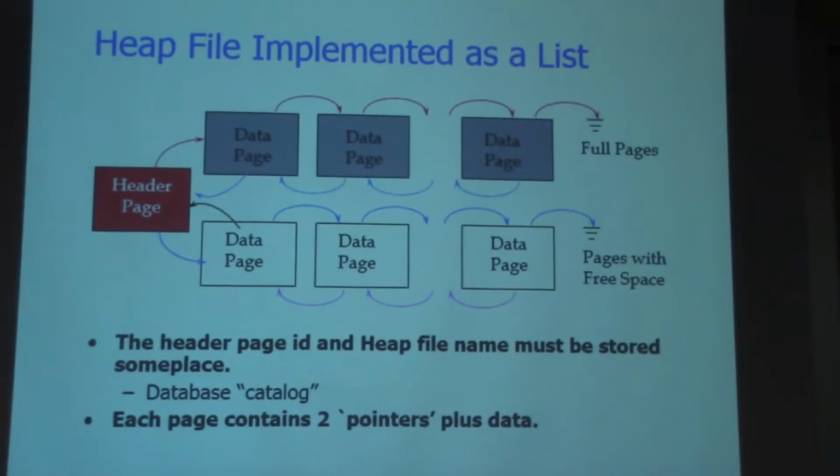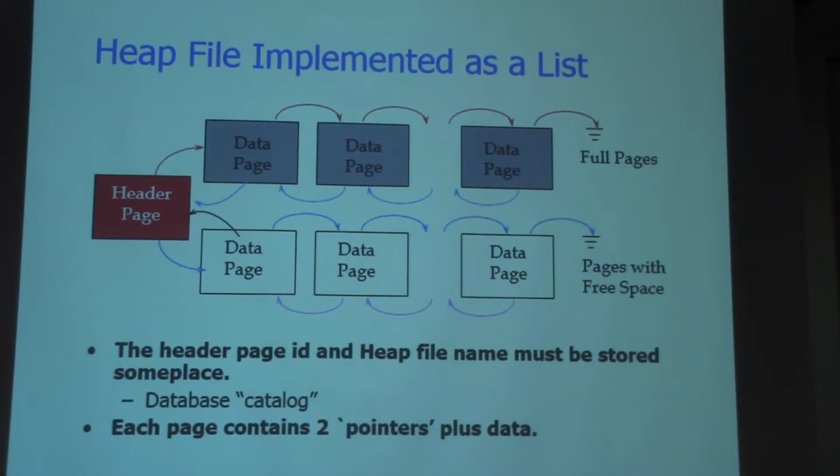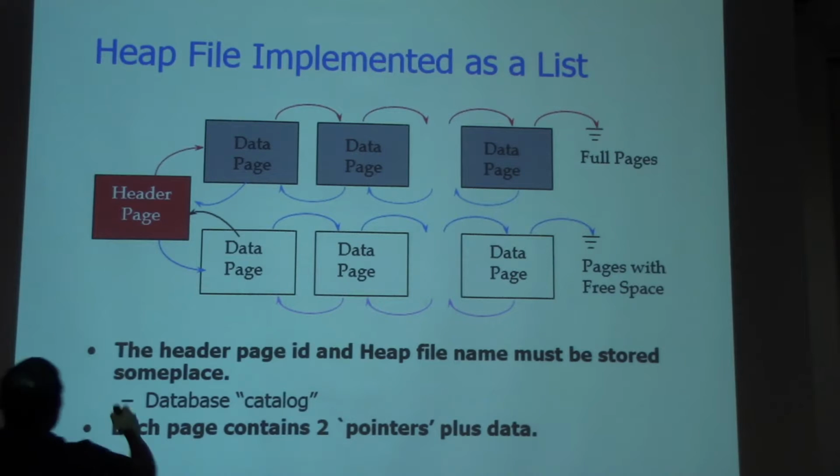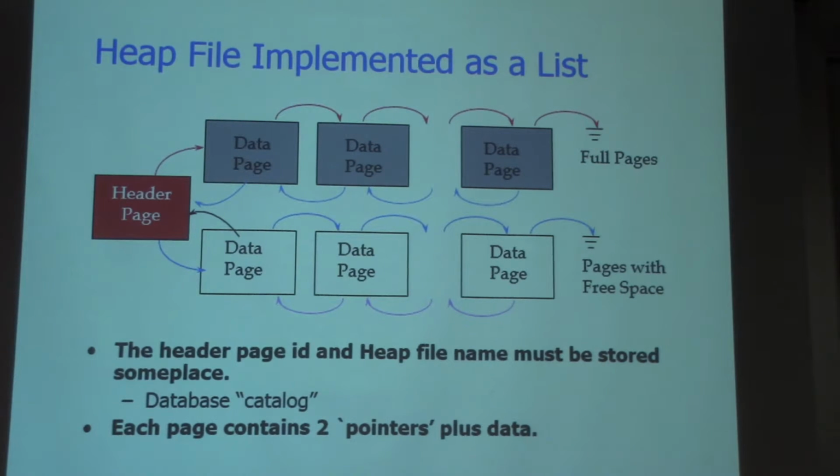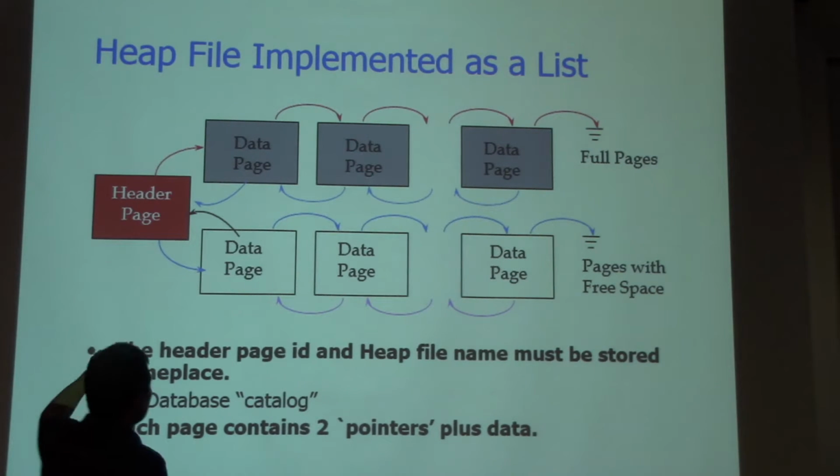One is to maintain two doubly linked lists. There's one header page that stores some metadata about this table. Remember, each table is mapped to a file, so this header page stores metadata about that file, such as the total number of pages so far, and so on. And then you have two linked lists of pages.